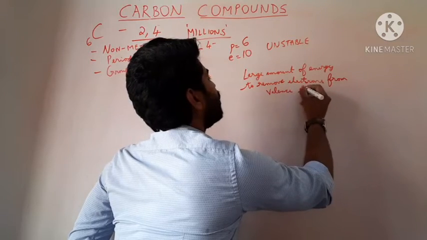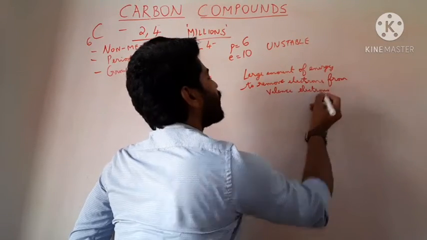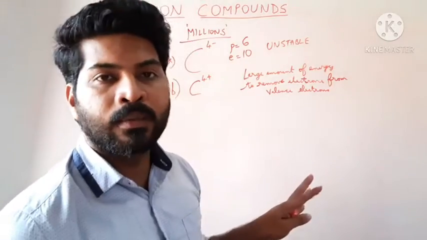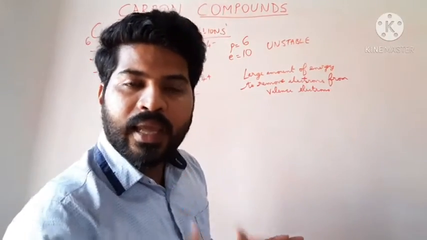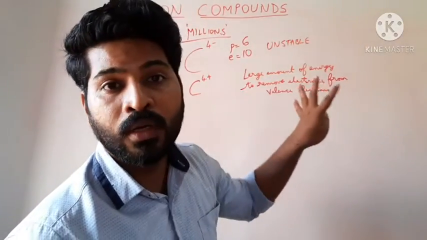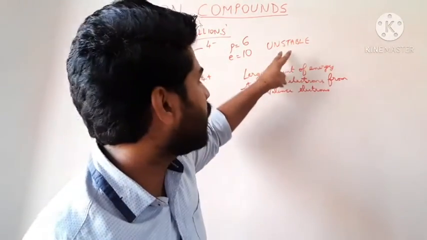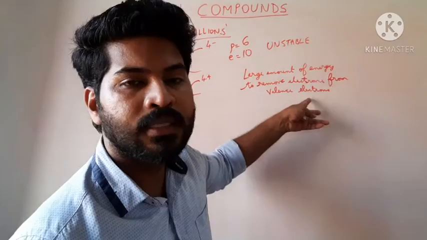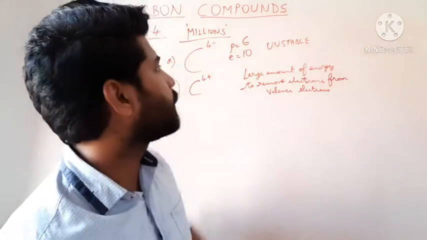So, because of these two reasons, carbon can neither gain 4 electrons nor lose 4 electrons, because it can be either unstable or it is almost impossible.